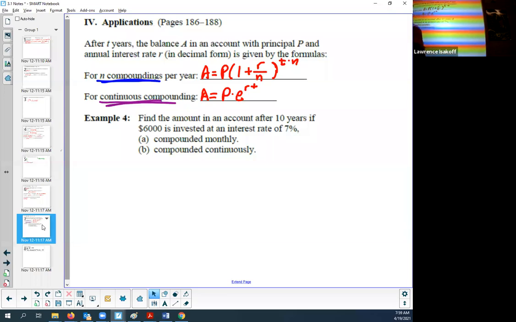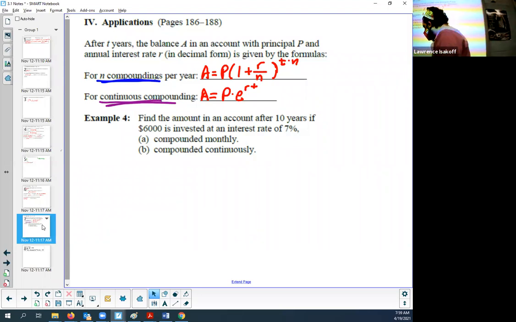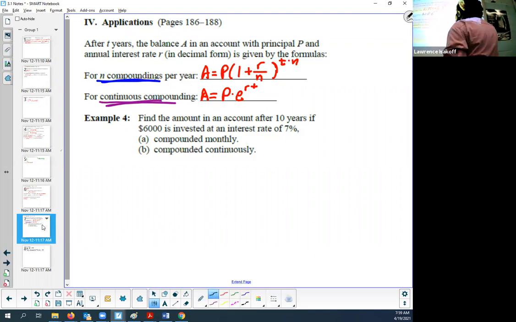We're not going to see a huge difference between the numbers, but you will notice one is larger than the other. So here with this, regardless of it, I know my principal is $60,000.